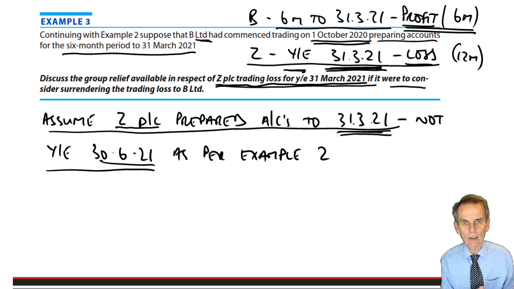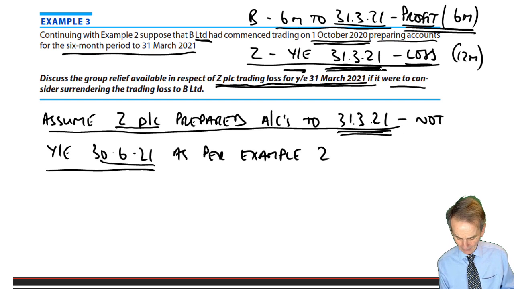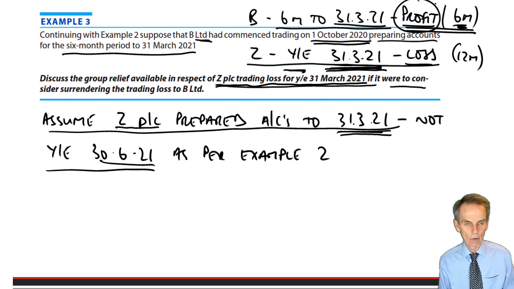It doesn't fall outside of that accounting period. All of the 6 months to March 21 are within the year ended March 21. Therefore, all of that 6-month profit, whatever that TTP figure is, is eligible to be group relieved. All of the claimant company's TTP is eligible to be group relieved.